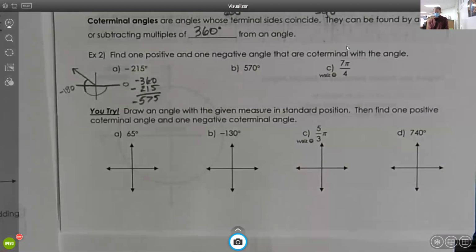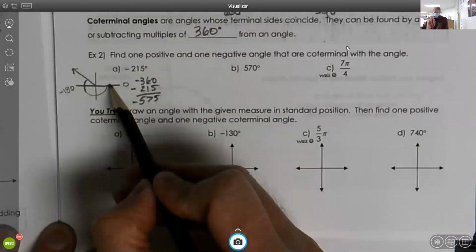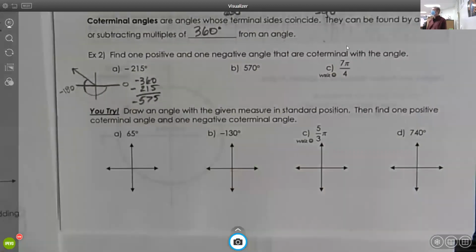So by doing another full circle all the way around, that would be a negative 575 degrees. So that's 360 more degrees, right? That's a full circle, points in the same direction.